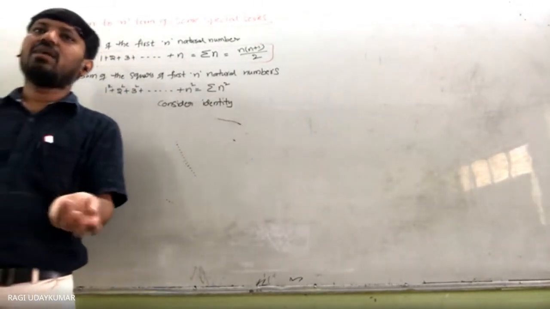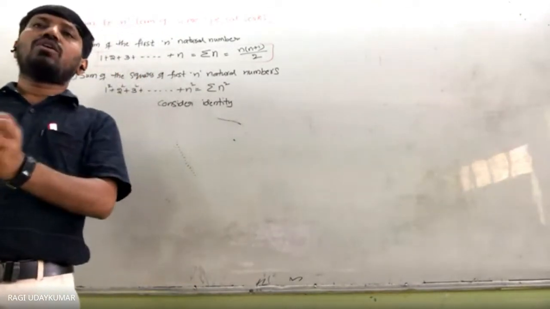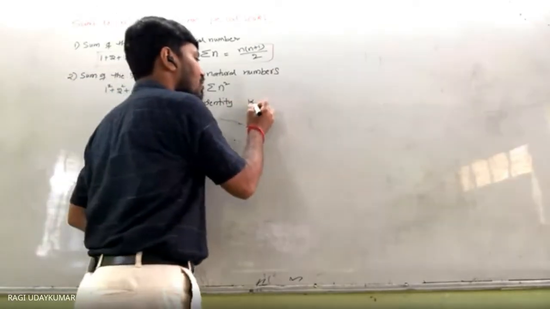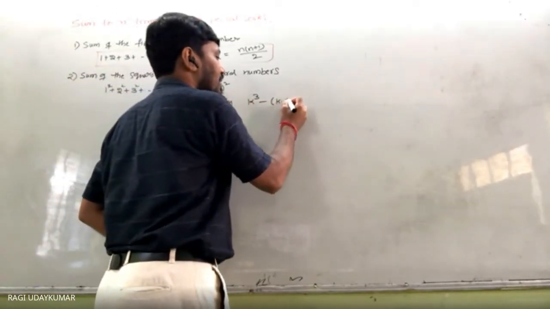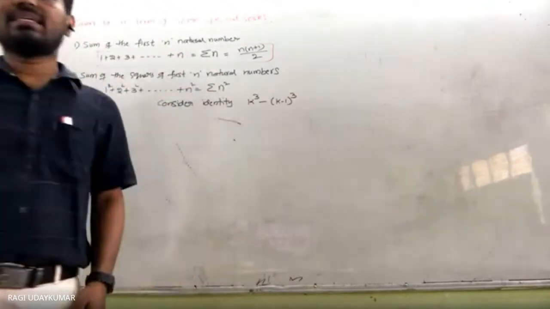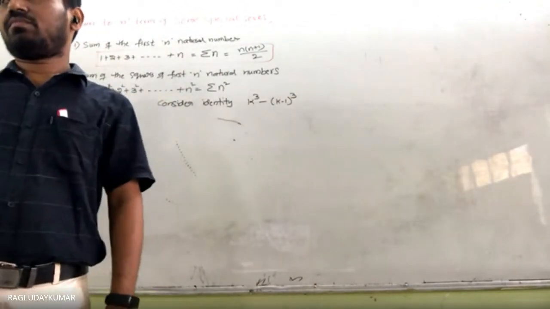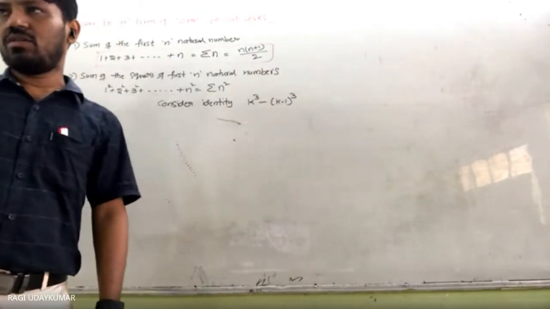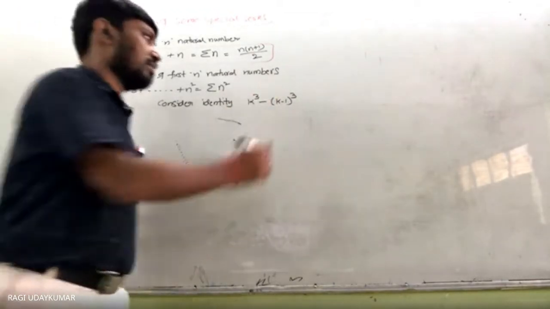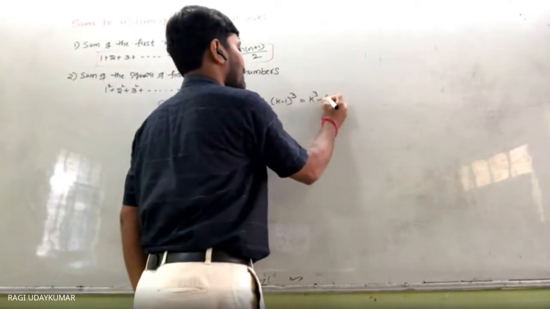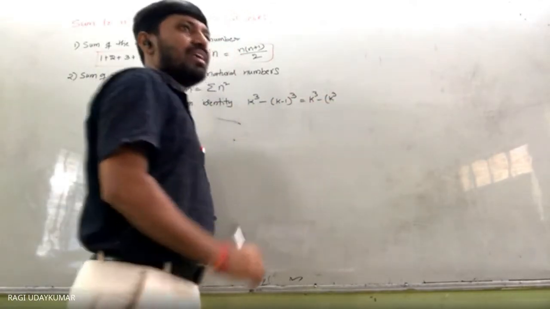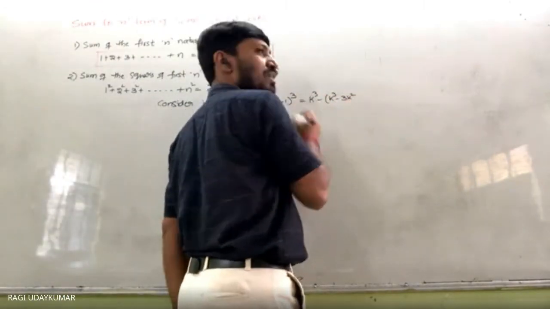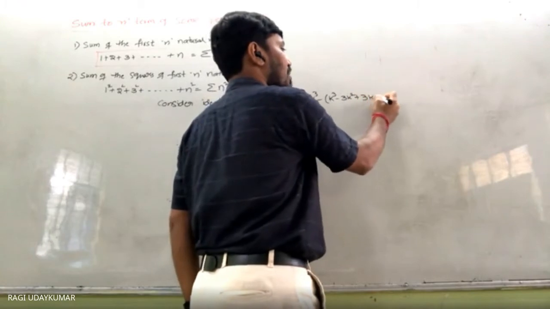वो भी identity. Means left hand side, right hand side, both for all the values of k, it should be equal. So here we are going to consider the identity as k cube minus k minus 1 whole cube. Expand करके देखो. a minus b whole cube फॉर्मूला क्या है? a cube minus 3a square b plus 3ab square minus b cube.